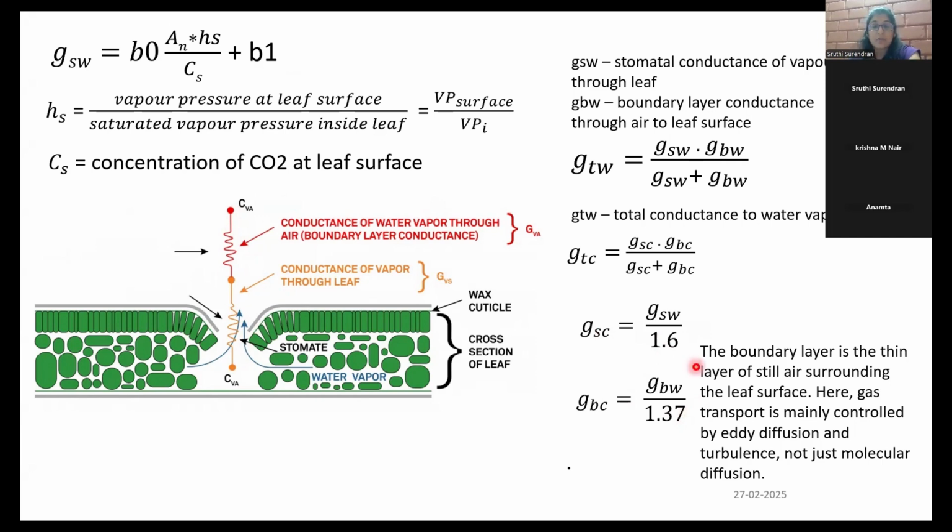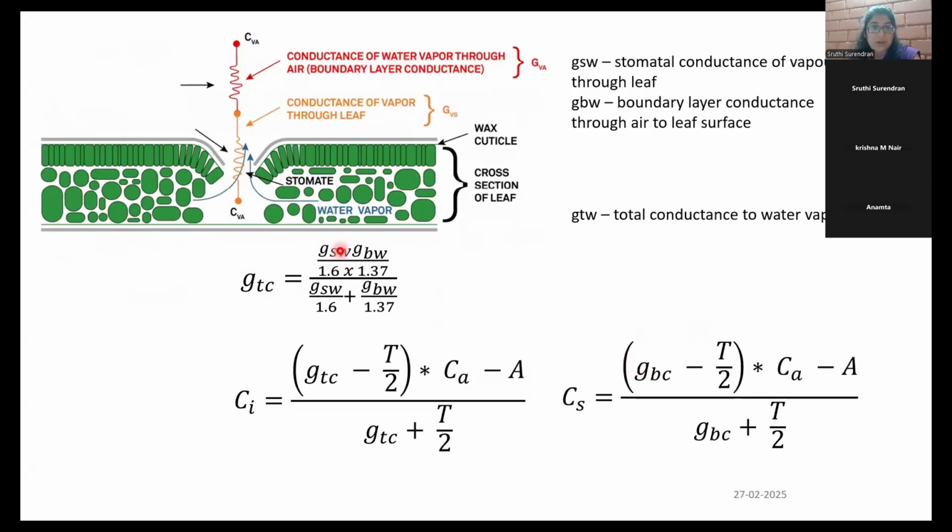So just like how we divide the stomatal conductance to water vapor by 1.6, we will divide the boundary layer conductance by 1.37. Then we will substitute this in the equation, and we will get GTC equal to this format, GSW into GBW by 1.6. This is how you will get it in terms of the water conductance.